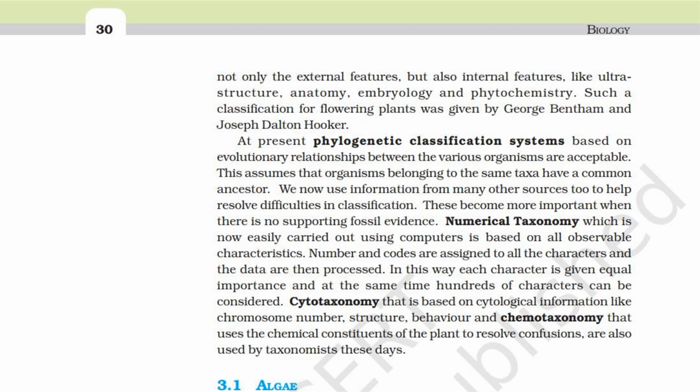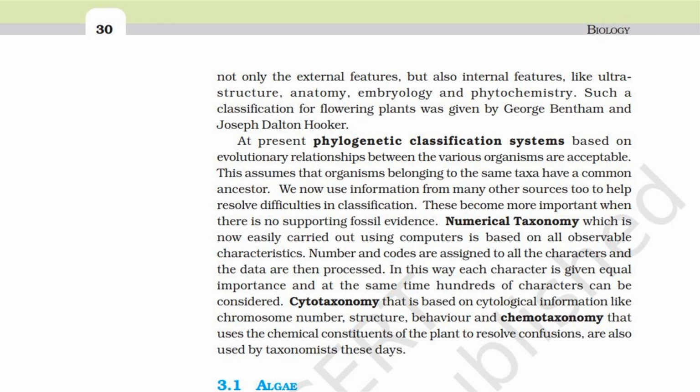We now use information from many other sources to help resolve difficulties in classification. These become more important when there is no supporting fossil evidence. Numerical taxonomy, which is now easily carried out using computers, is based on all observable characteristics. Numbers and codes are assigned to all the characters and the data are then processed.